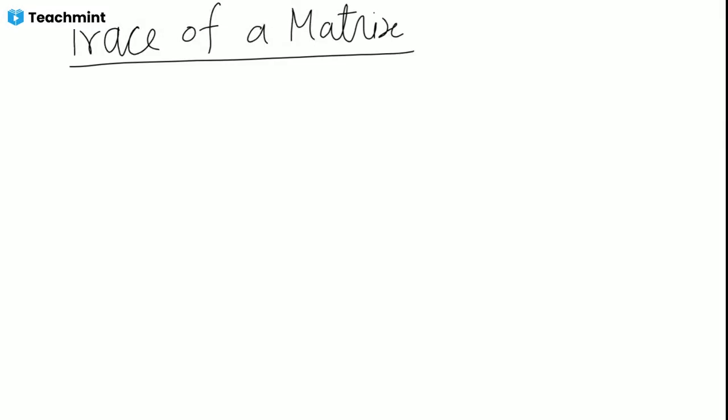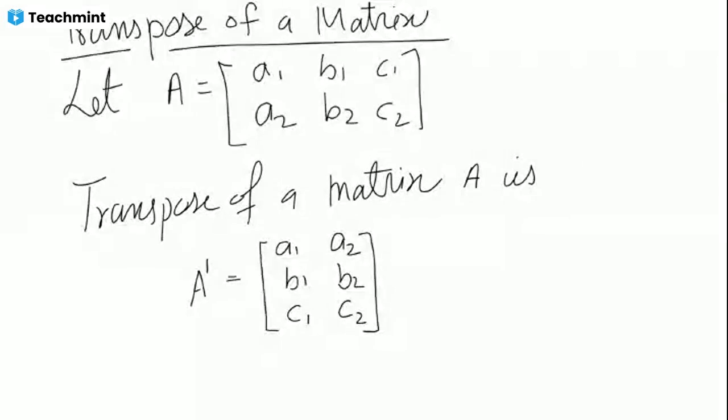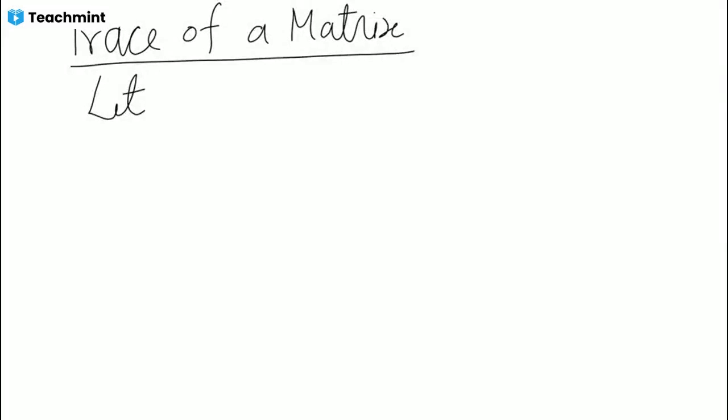For the trace of a matrix, we just add the elements of the diagonal, and we find it only for a square matrix. For transpose we can find it for any matrix, rectangular and square both, but here it must be square.